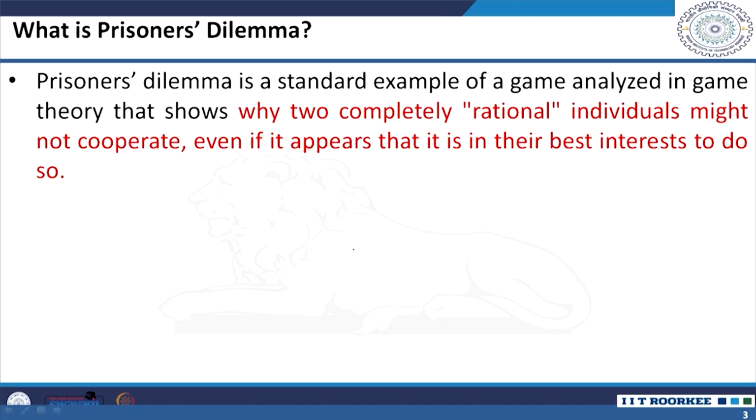This is a standard example of game theory that shows why two completely rational people might not cooperate. What is the reason behind this? Even if to a third person it appears that it is in their best interest to cooperate, the rational individuals, because they are following the concept of rationality, will not be interested in cooperating with each other.